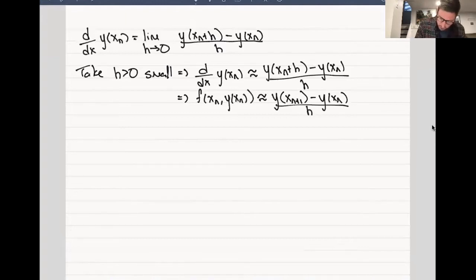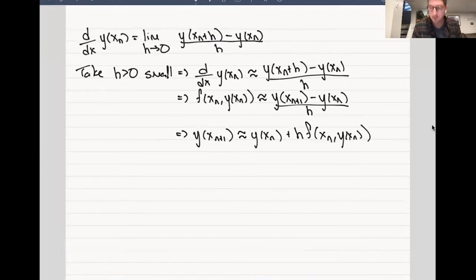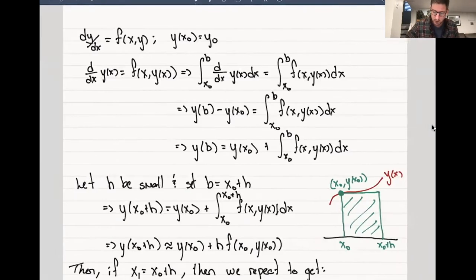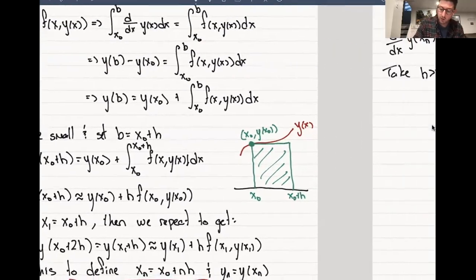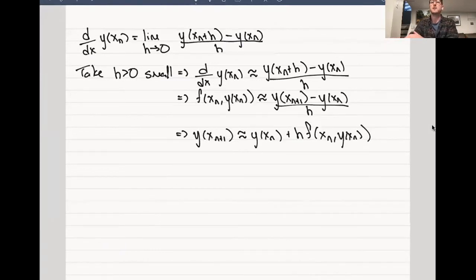And so if you rearrange this whole thing, you get the same relationship, which is exactly the Euler method. So you can see this coming from integrals using the fundamental theorem of calculus, or you can see this coming from derivatives using just an approximation of the derivative.